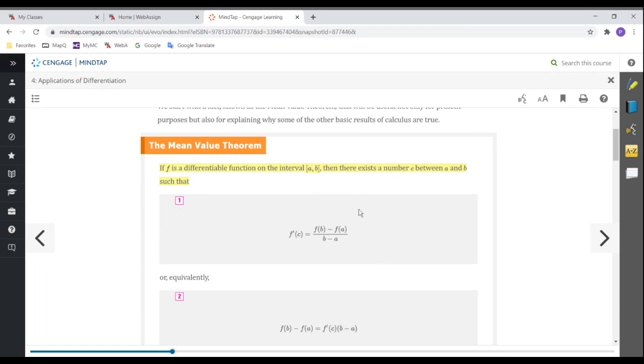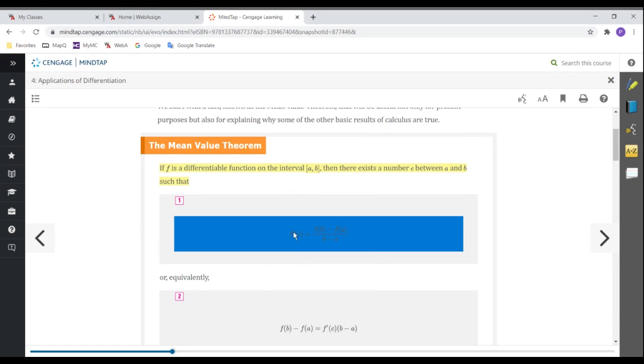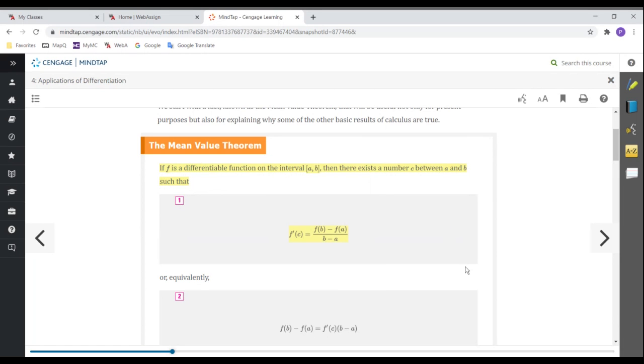It says that if you have a function that's differentiable over the interval from a to b, meaning that it has a derivative, then there's a number c between a and b such that f prime of c equals f of b minus f of a divided by b minus a. That's what that means.